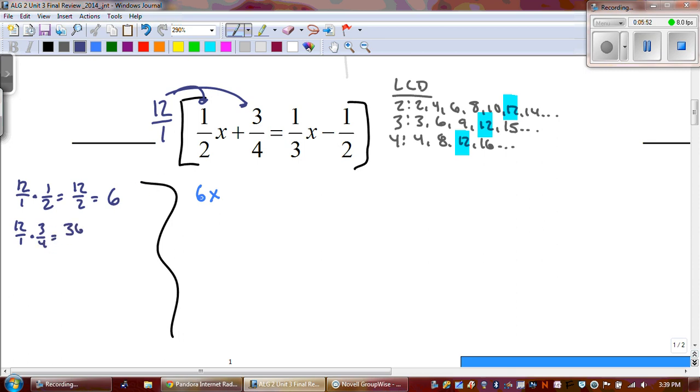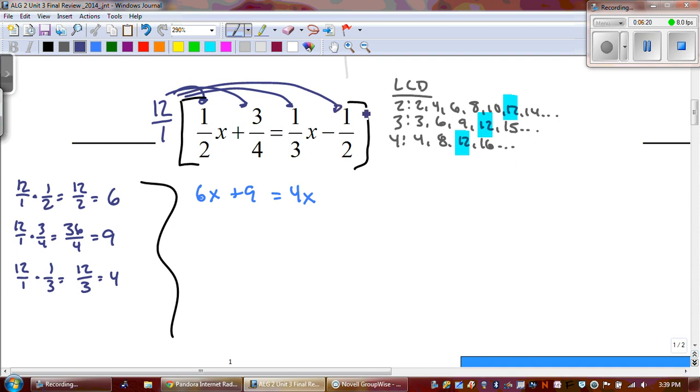Multiply straight across, you get 36 over 4, which is 9. Then 12 over 1 times 1 over 3 is 12 over 3, and when you divide 12 by 3, you get 4. And then 12 times negative 1/2, we already did that, except now it's negative, so you get negative 6.